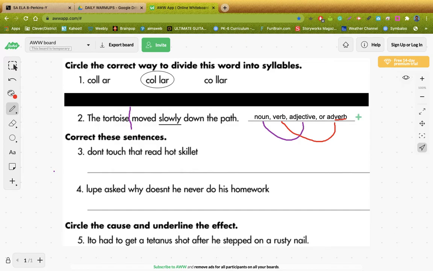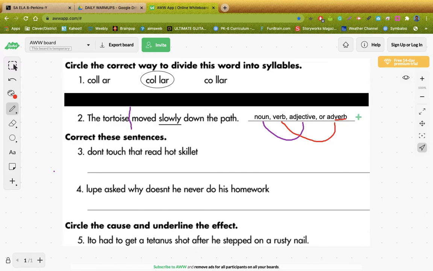So if you ask yourself in this sentence, the tortoise moves slowly down the path, the question, what did the tortoise do? Now if you find that answer, you will know what the verb is. And then you got to ask yourself, does slowly describe what the tortoise did? And if it does, then you would choose adverb. So noun, verb, adjective, or adverb. Those are your choices for number two.